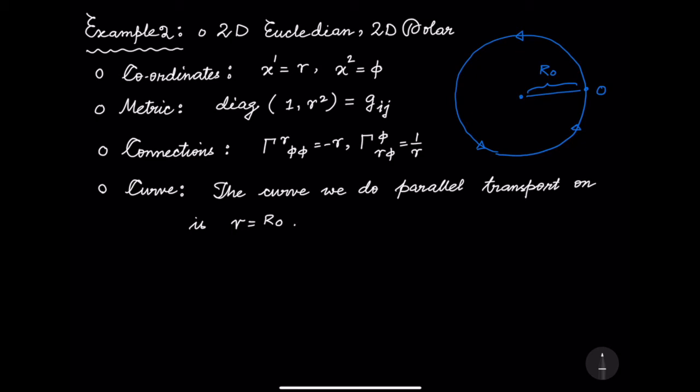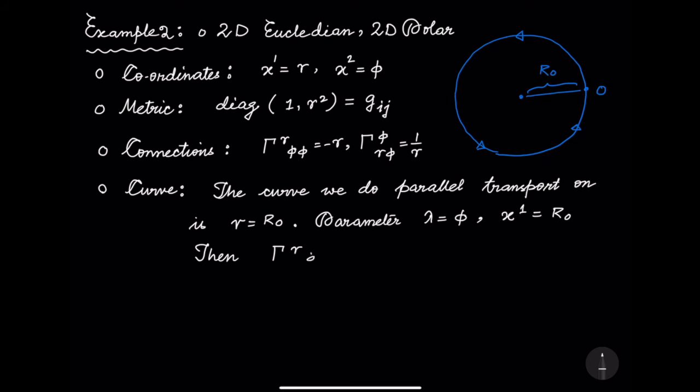Now, how do I parameterize this curve? The parameter, or this coordinate line, lambda is phi, and x1 is constant at R naught. This also has a more interesting consequence, which is that the gammas become constant.